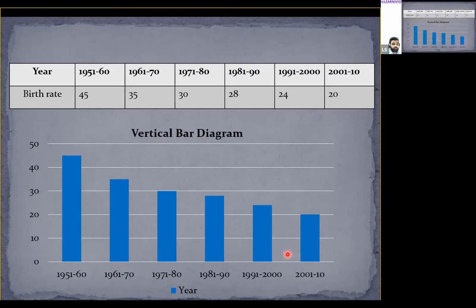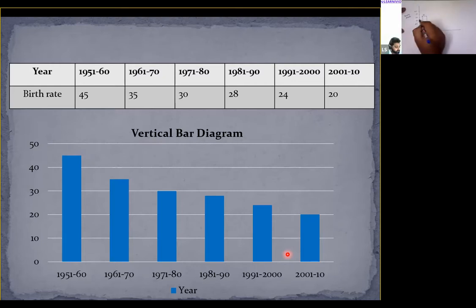The birth rate in this year is how much? 45%. So 45% will be somewhere here. All right. So I will be making a bar diagram like this. This is the bar diagram indicating that 45 is the birth rate. Next, in the year 1961 to 70, birth rate is 35.